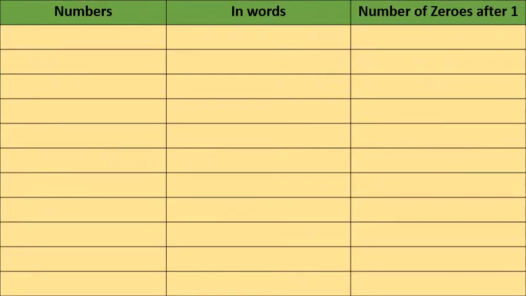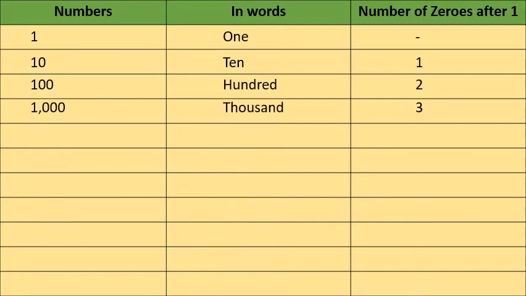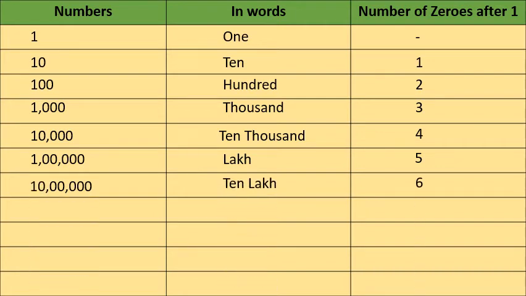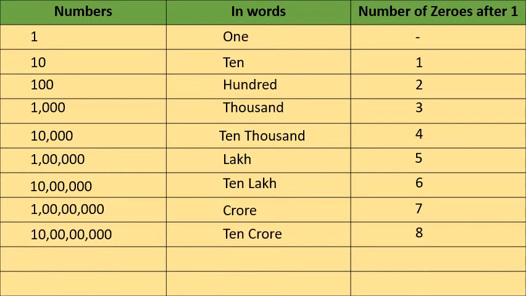Yes, students, one interesting thing we will see here. Go on observing this. 1, number of zeros: 10 means 1 zero after 1, 100 means 2 zeros, 1000 means 3 zeros. 10,000 has 4 zeros after 1, lakh 5 zeros after 1, 10 lakhs has 6 zeros after 1, crore has 7 zeros after 1, 10 crore has 8 zeros after 1, then we call abja.